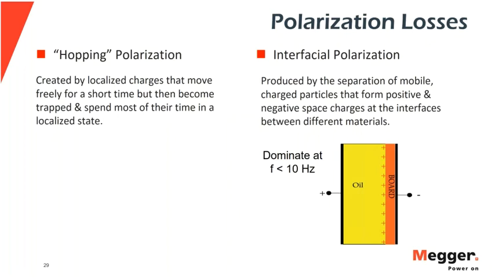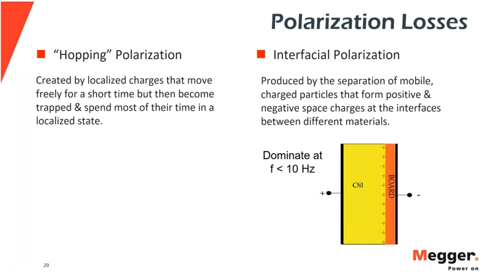Interfacial polarization is produced by mobile charges that form positive and negative space charges at the interfaces between different materials. In this example, it's showing a volume of oil and some pressboard materials.